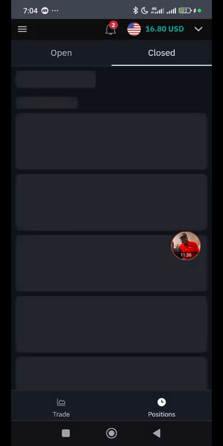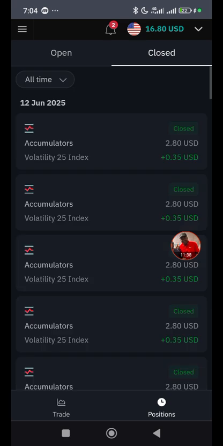I have made 100%. I'm trading with 2.8. I'm making 35 cents. 35 cents times 10, that's $3.5. Now plus 2, that's almost like $4.